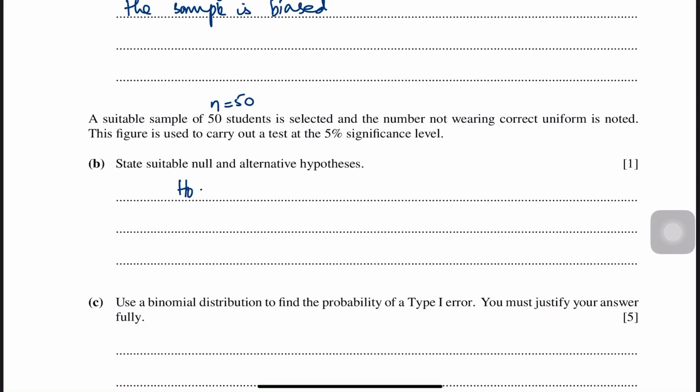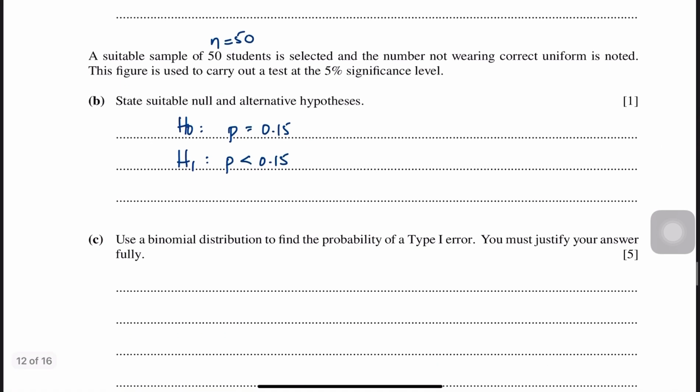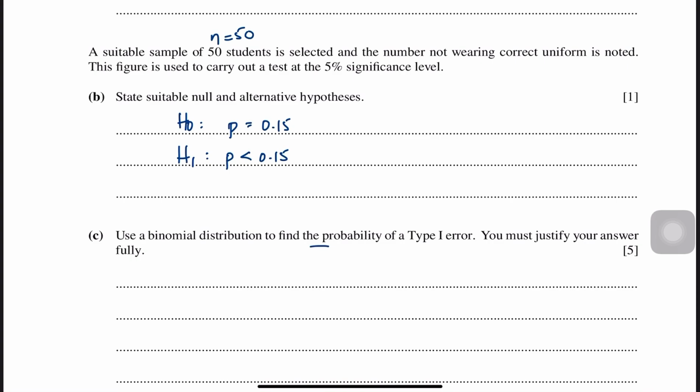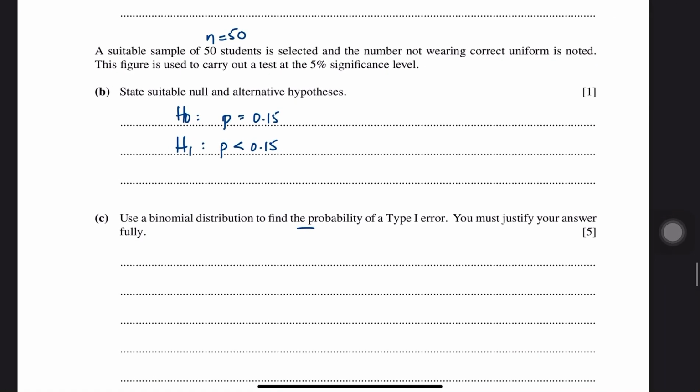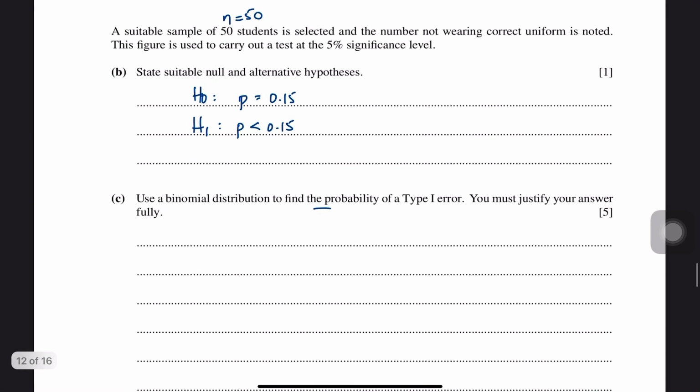Okay, so H naught was P is equals to 0.15, and I'm trying to test if the proportion not wearing school uniform has changed. So less than 0.15. Use a binomial distribution to find the probability of a type 1 error. You must justify your answer fully. Okay, the probability of a type 1 error is the probability of rejection.